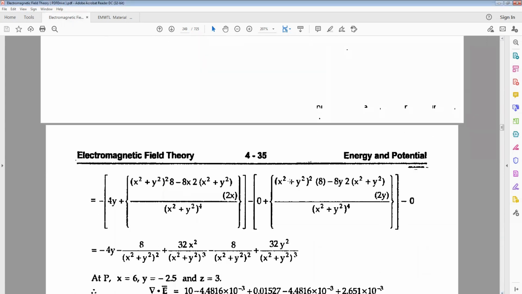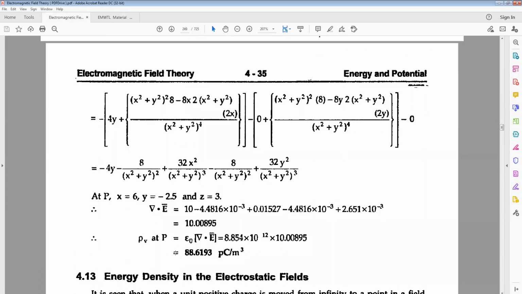In the same fashion, you can find the second term also, apply the u by v rule and simplify. You get rho v is equal to 88.6194. Got it, my dear students?